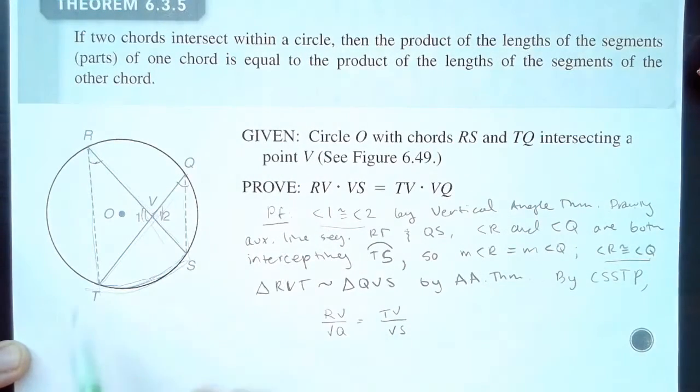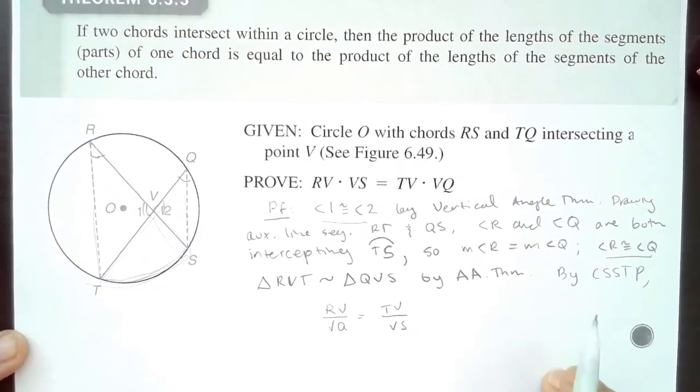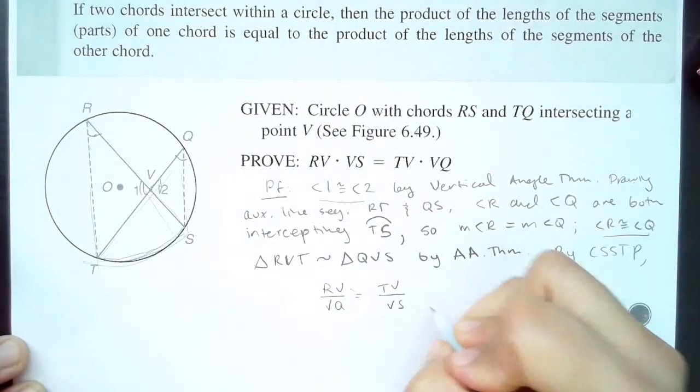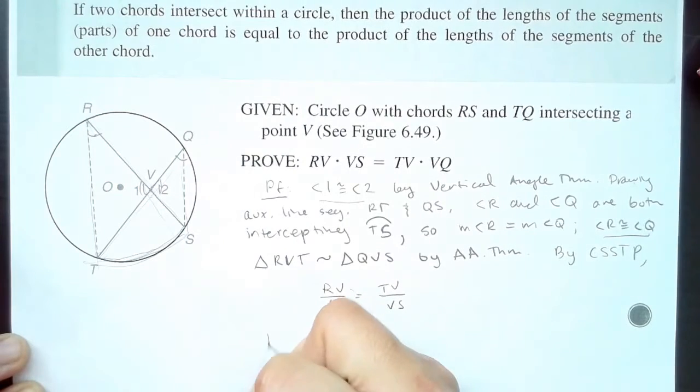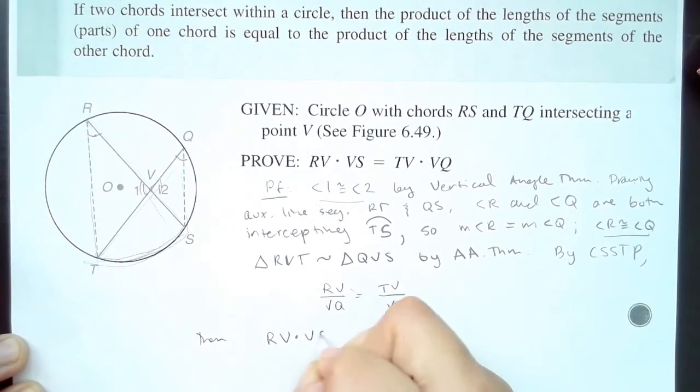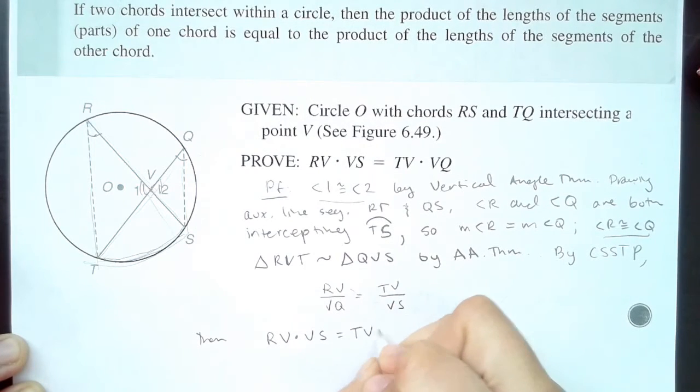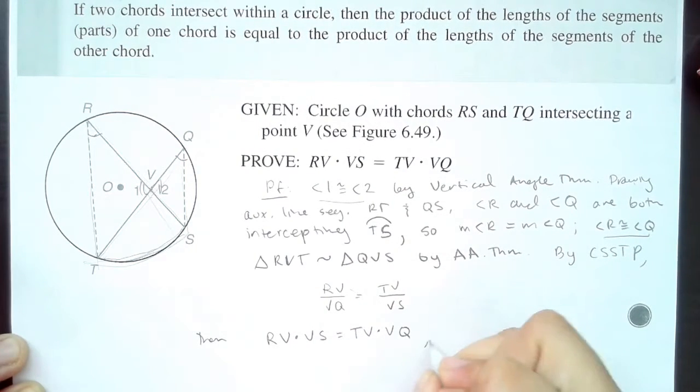They're proportional because these are similar triangles. So then it's just a matter of cross multiplying, or means-extremes. Then RV times VS is equal to TV times VQ, and that's it. That's what we wanted to show.